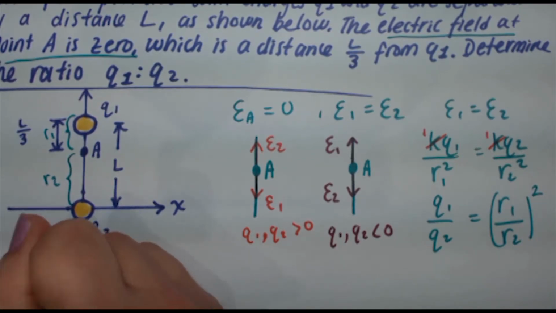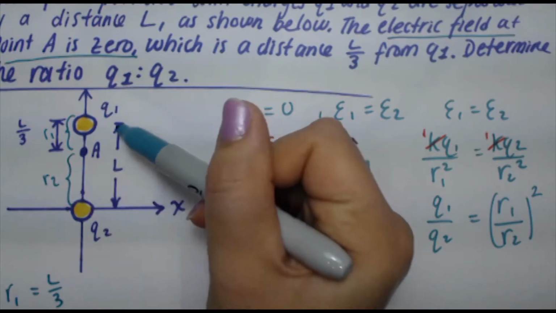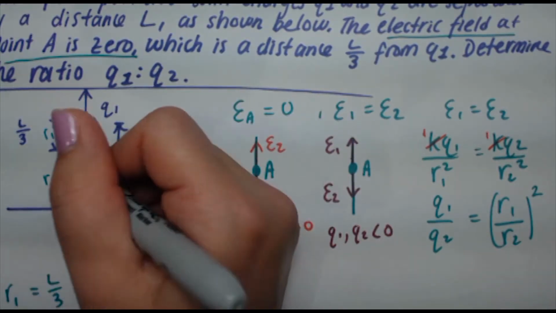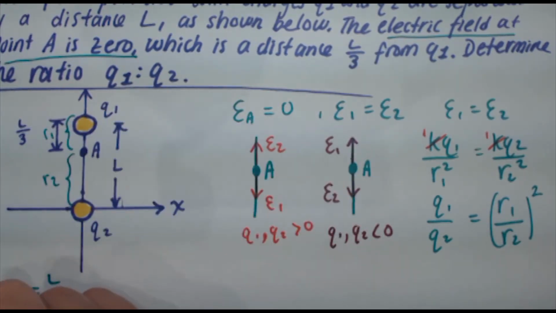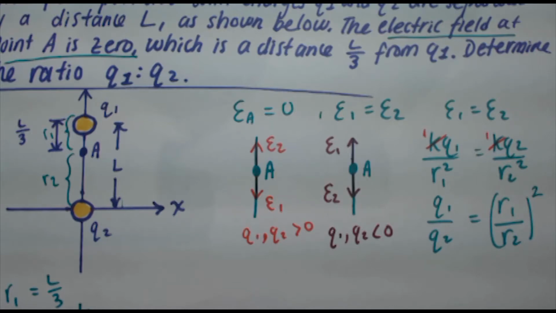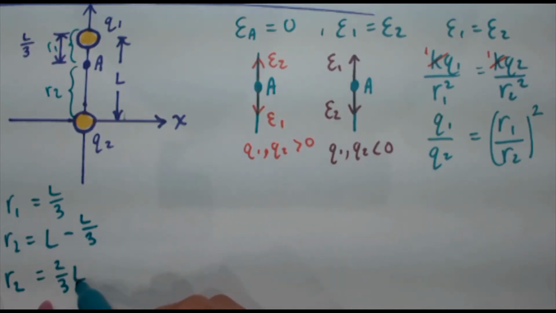Based on the picture, R1 plus R2 equals L. So R2 is L minus R1, or R2 is equal to L minus L over 3. Essentially you have 1L minus a third of an L, which is 2/3 of an L. So R2 is 2/3 L.